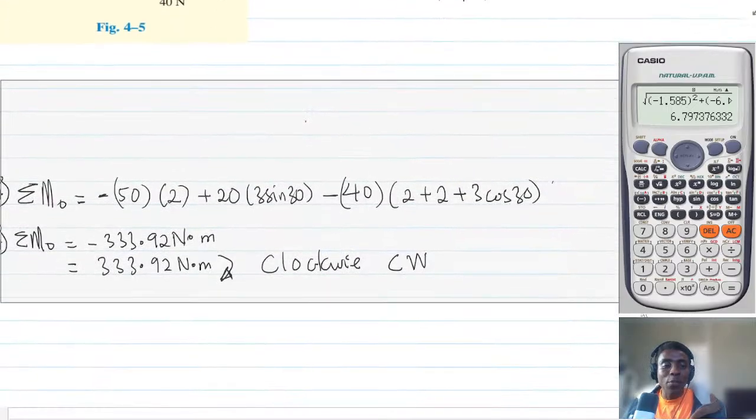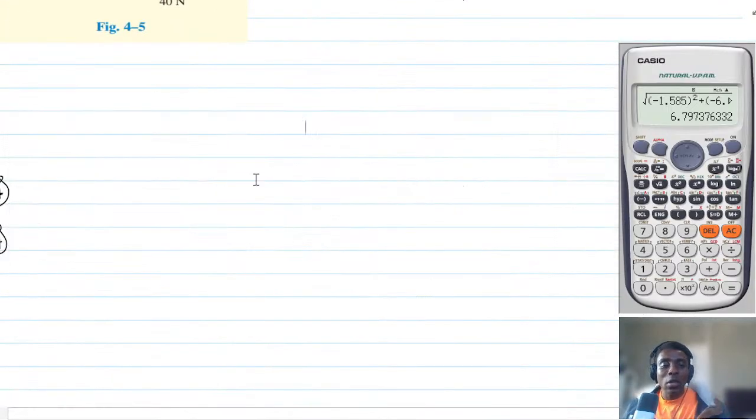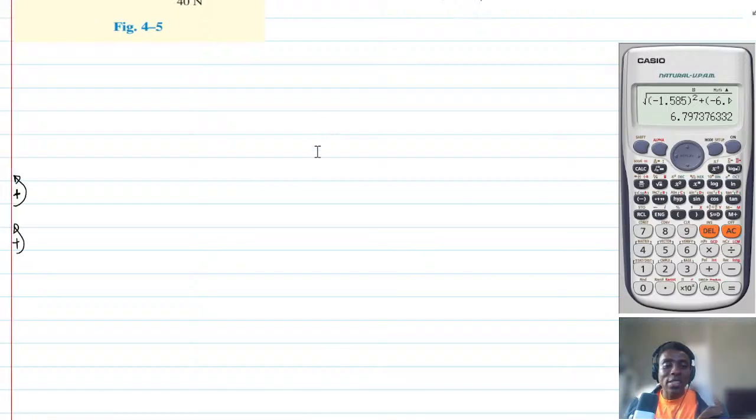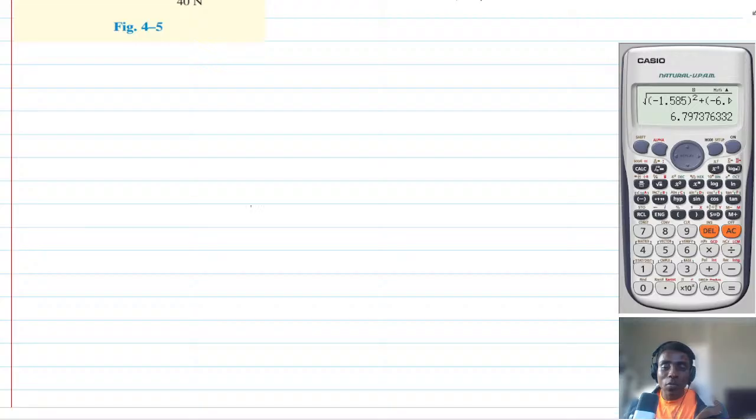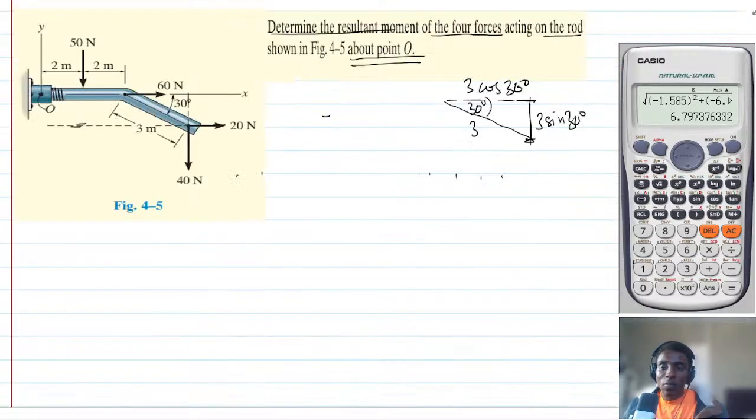So this is a simple moment question. Let's try and see if we can solve it.